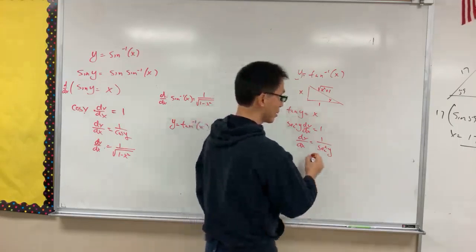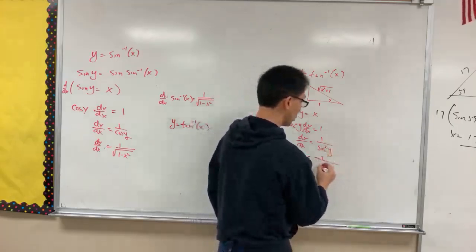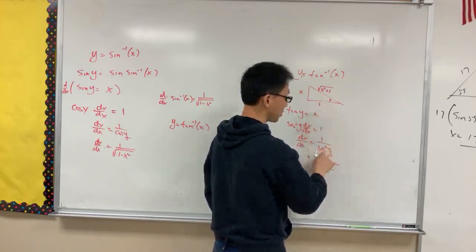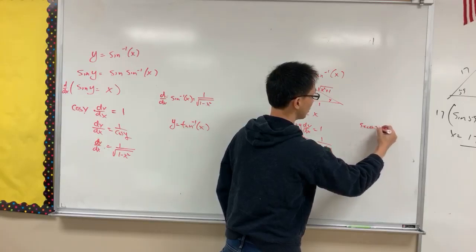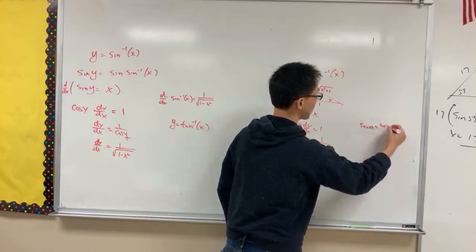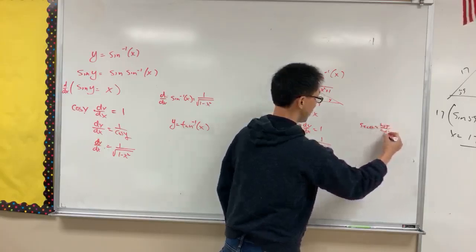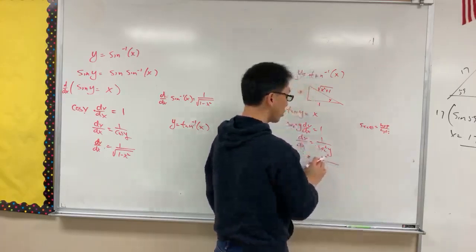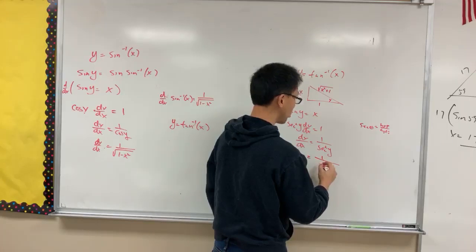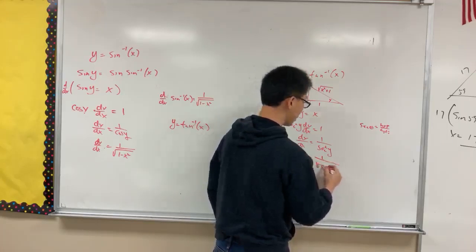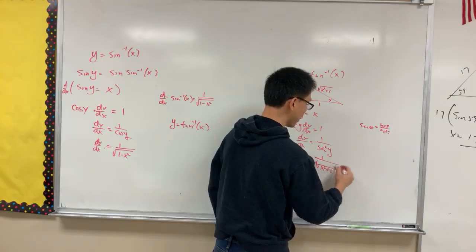Does that make sense? So that is equal to secant. What is secant of theta equal to? Hypotenuse over adjacent. You're switching to cosine first. So hypotenuse over adjacent. The hypotenuse is going to be the square root of x squared plus 1, and then squared.